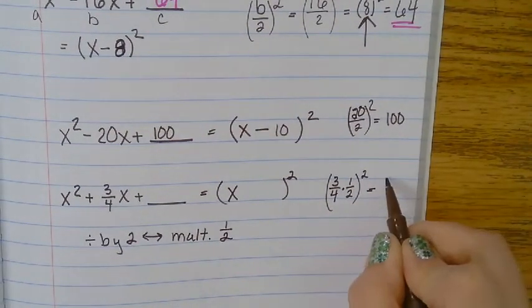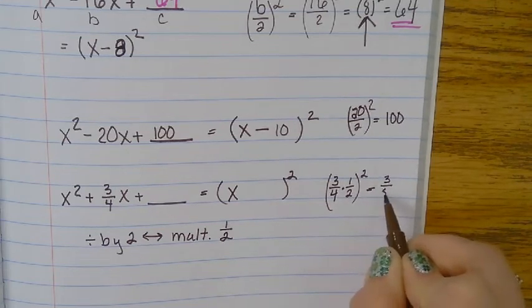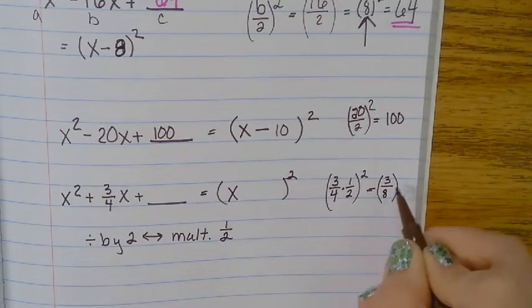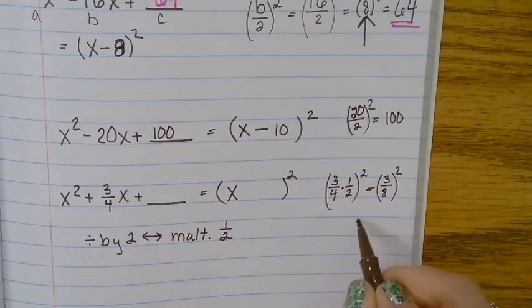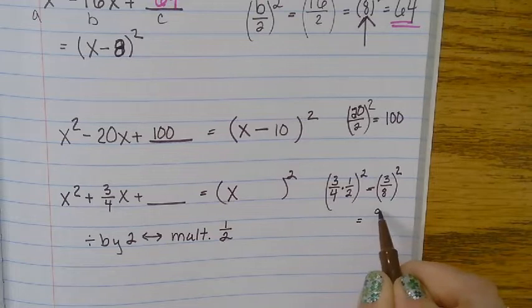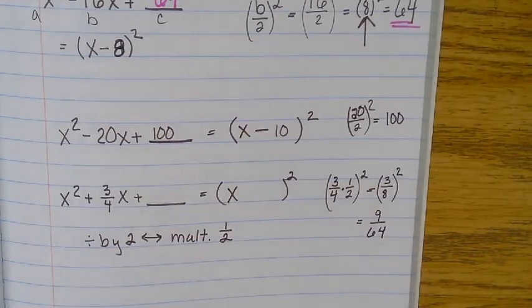So let's see, so that's 3/8 squared, which would then be what? 9/64.